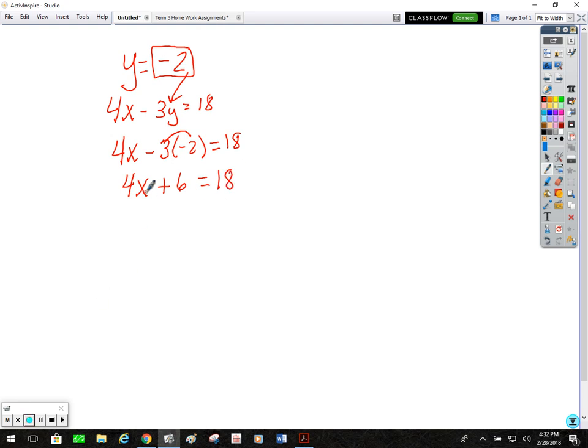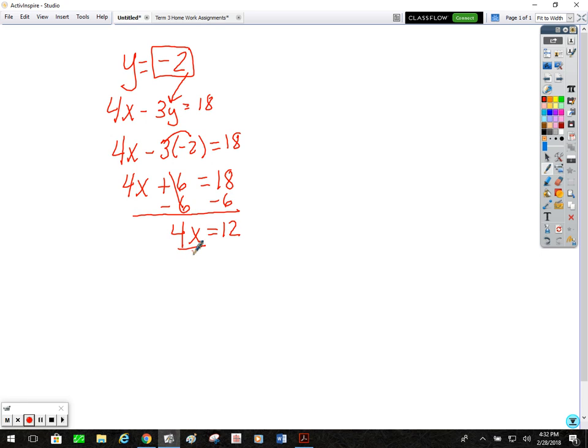I'm still wanting to solve for this x, so I need to move these away from it. Let's get rid of this 6. We want to get all of our variables on one side and all our constants on the other. This crosses out, so I'm left with 4x is equal to 18 minus 6, which is 12. We've distributed and we've combined.